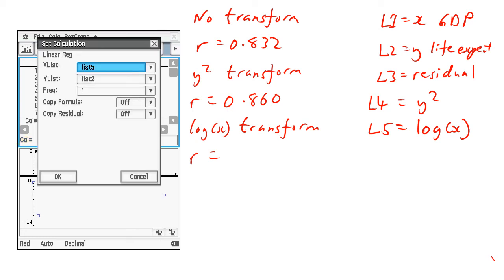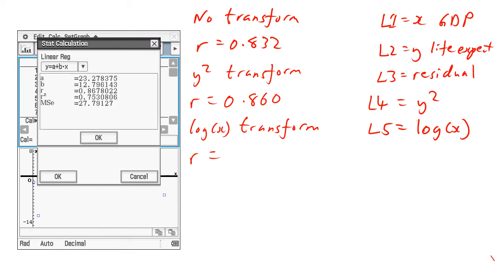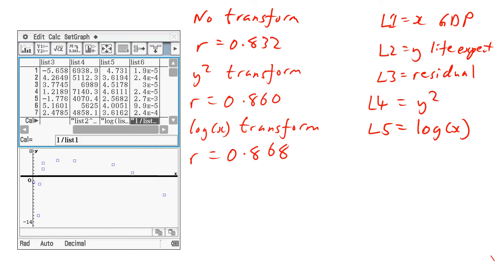List 5 versus list 2. Make sure you're getting the right list versus the right list. And so we get r equals 0.868. All right, so that's actually even better. So far our winner now is log of x.